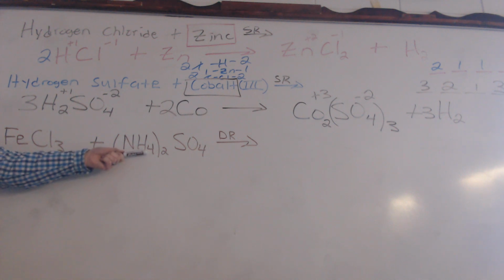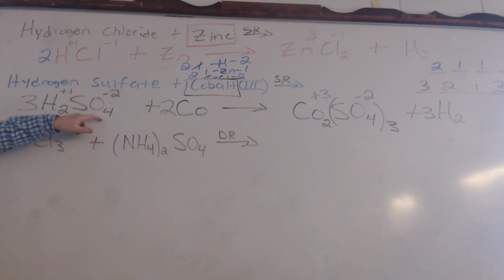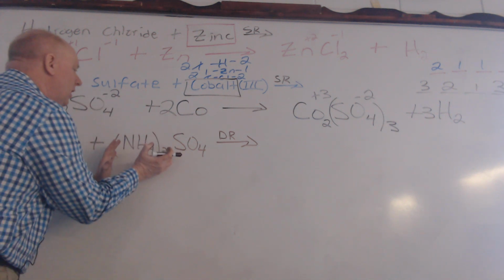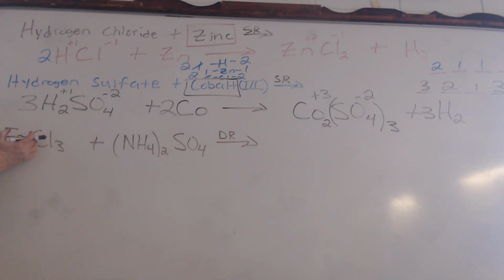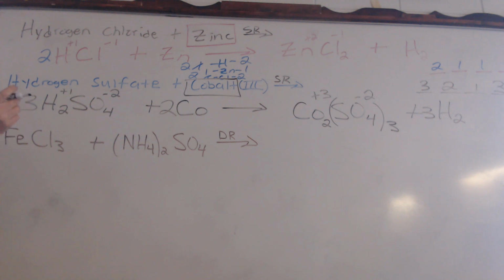This does. Why is that? It's part of the formula. Why does this? It's part of the formula there too. Okay, so in a double replacement, the positive charge of one compound bonds to the negative charge of another one, but on that side. So, what is the charge of chloride?